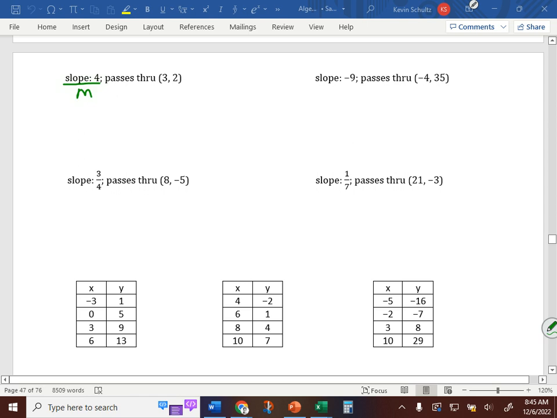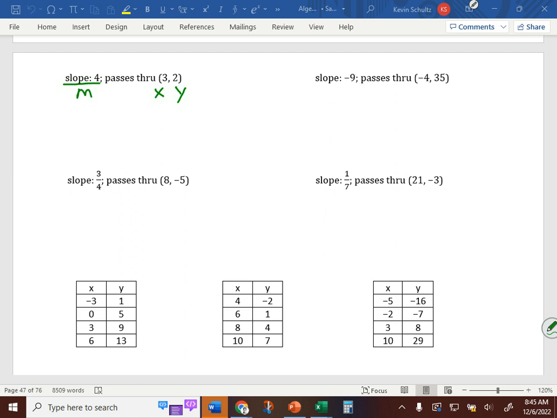Colin. So this is where understanding all parts of slope-intercept form is crucial, right? We were not given b here, but we were given a value for x and a value for y, right?